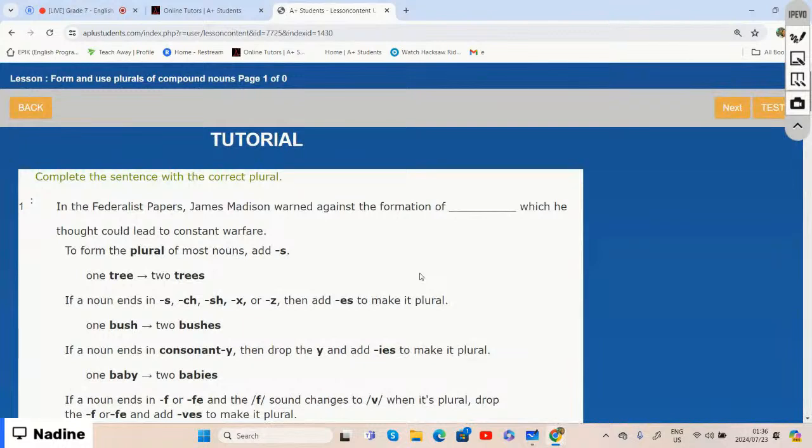Those are compound nouns. Or, okay, no, that's not compound nouns. That's compound sentences. Compound nouns is like, for example, saying Prabha and Bina, or saying Prabha and Nadine. That is compound nouns. It's like you're adding two names, two words that are nouns.